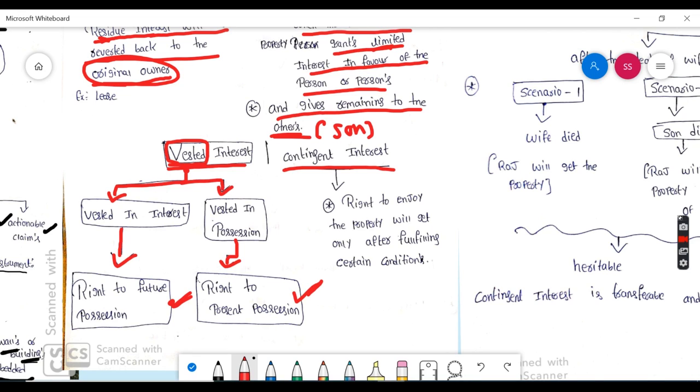contingent interest. So contingent interest means right to enjoy the property will be got only after fulfilling of a certain condition.